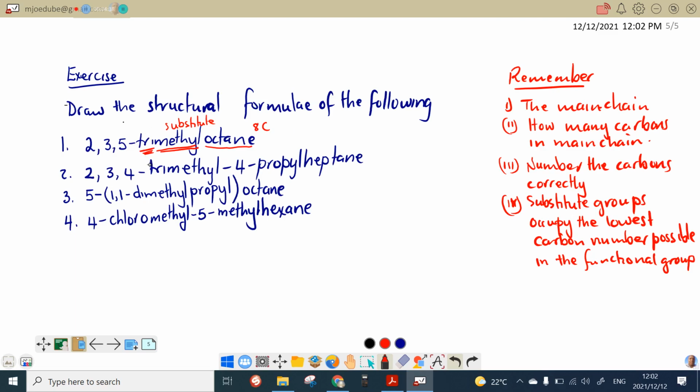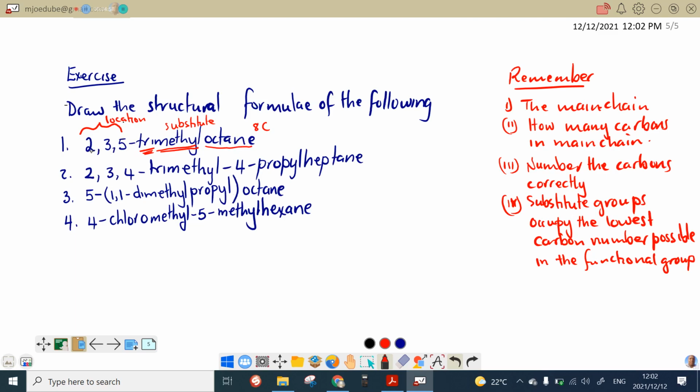And where are they? This gives you the location of those identical substituent groups attached to the main chain.